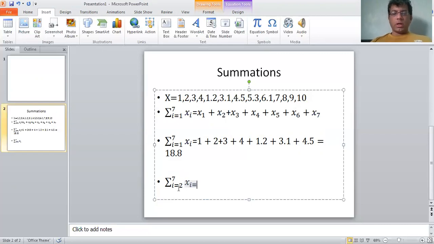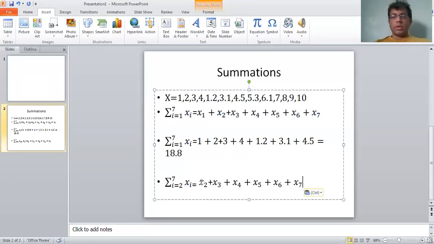It means I have to start from the second value of x and go up till the seventh value of x. Okay, so in this summation, the following values of x would be included. So from x2 to x7, and the result of this would be 17.8. This would be 17.8.